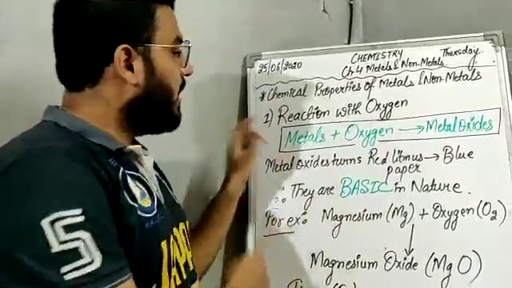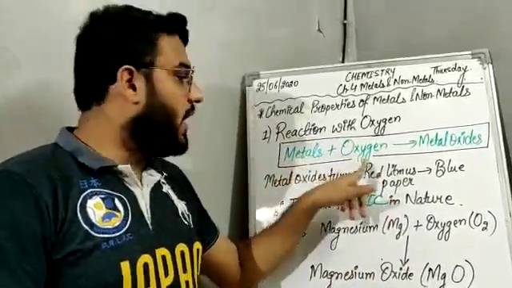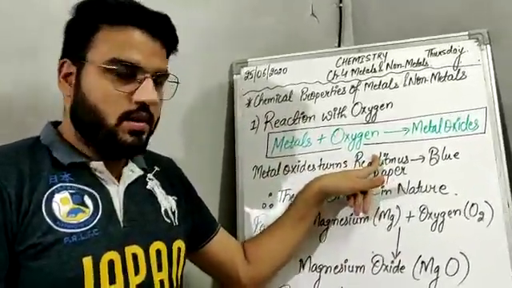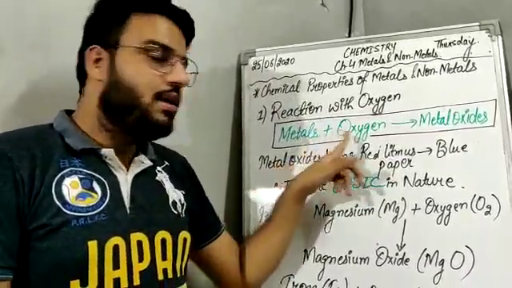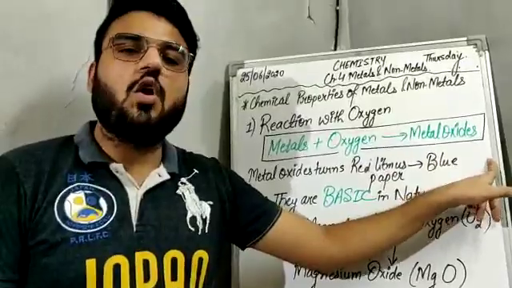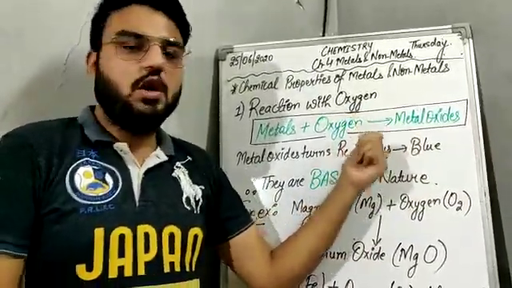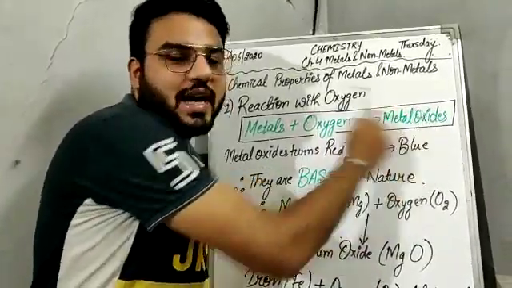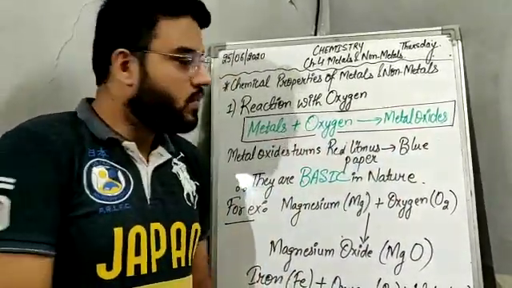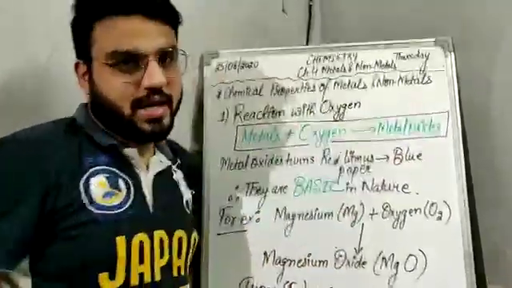When any metal reacts with oxygen, I repeat, when metal reacts with oxygen, they form metal oxides, or oxides of metal. Means they react with oxygen to form their metal oxides. Metals react with oxygen to form metal oxides.